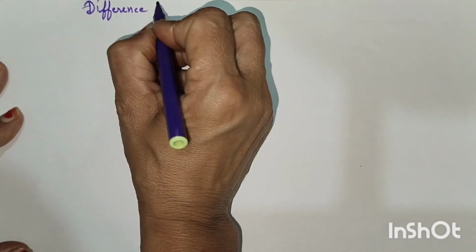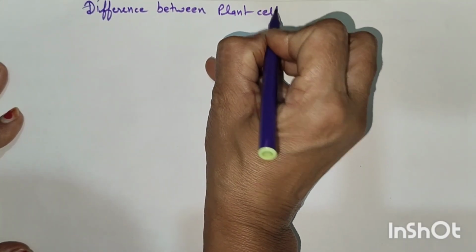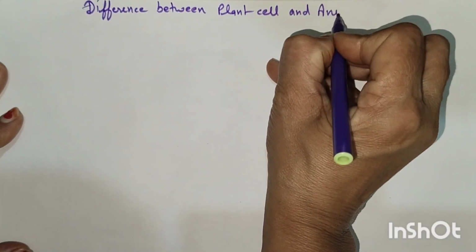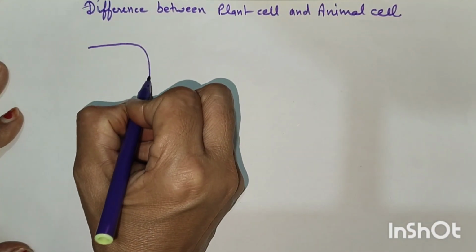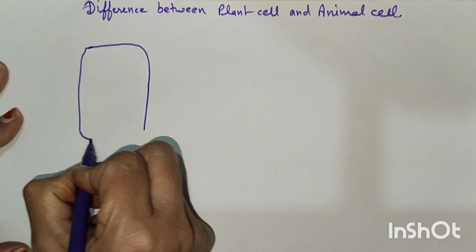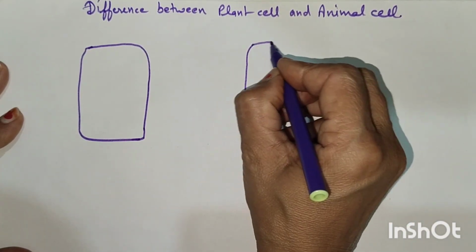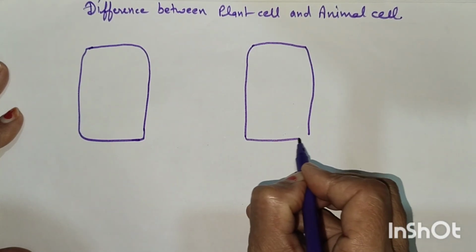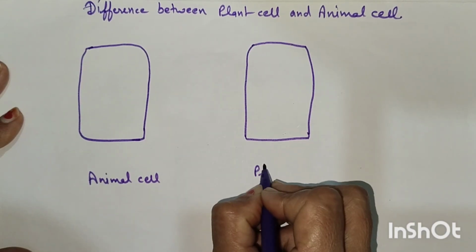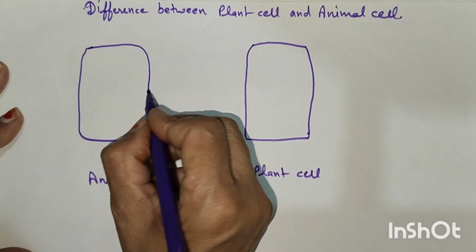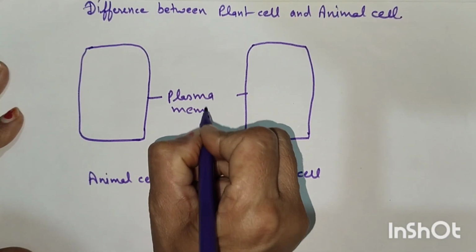Difference between plant cell and animal cell. As we have discussed earlier, the animal cell has plasma membrane, and the plant cell also has plasma membrane.